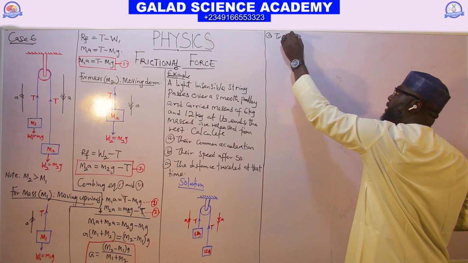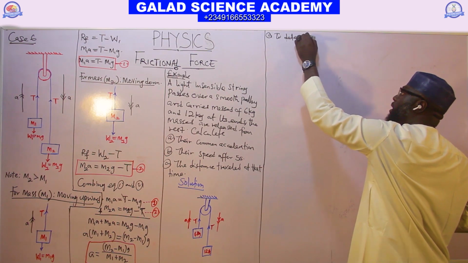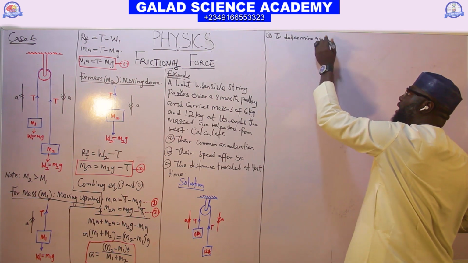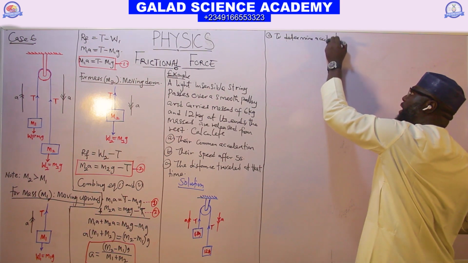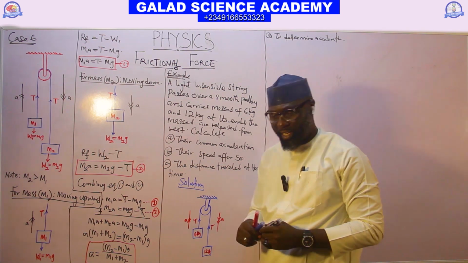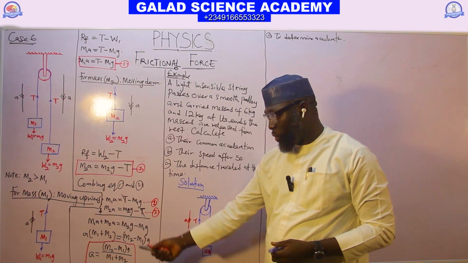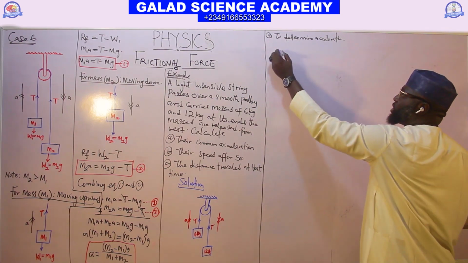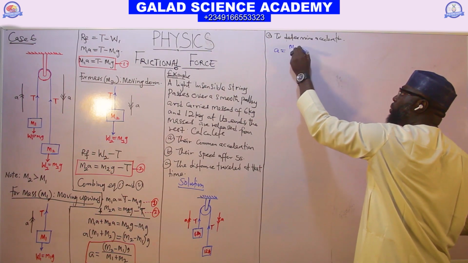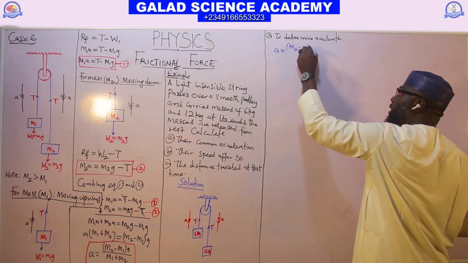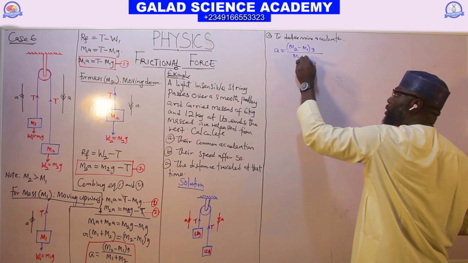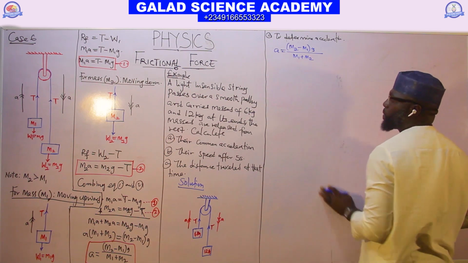A, to determine the acceleration. So please, for convenience sake, there is no time to waste. What is the formula for acceleration? A equal to (m2 minus m1) g over (m1 plus m2).